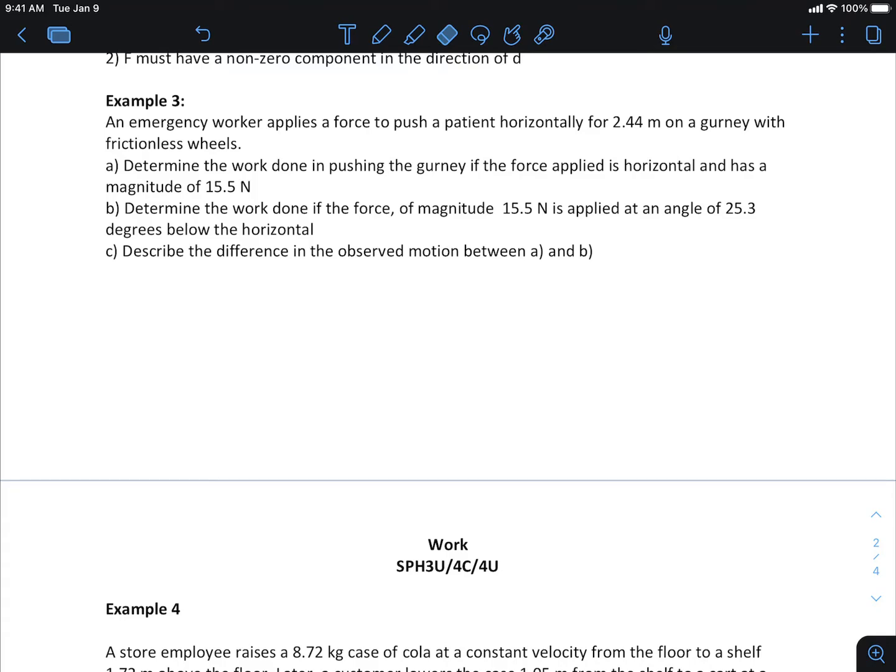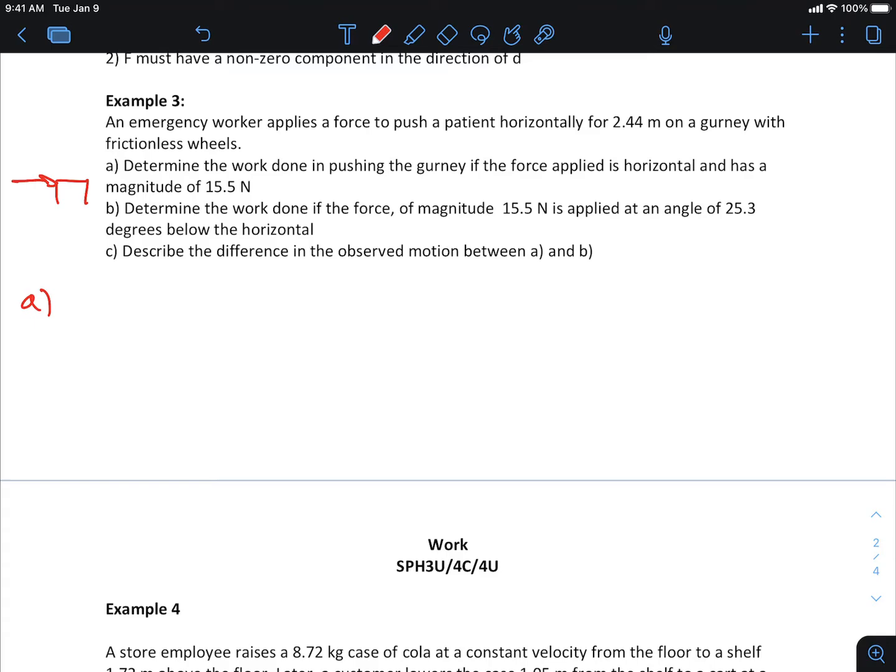So part A is relatively simple. If we apply the force directly to the gurney horizontally, we're going to see the amount of work that that force is actually able to do on the gurney.